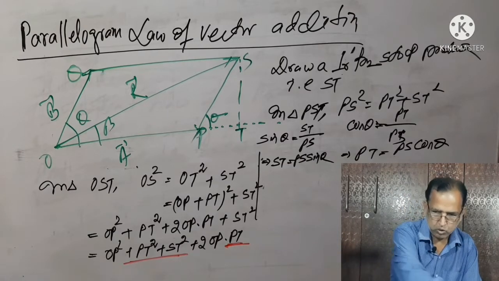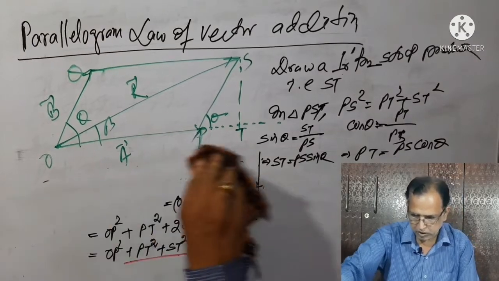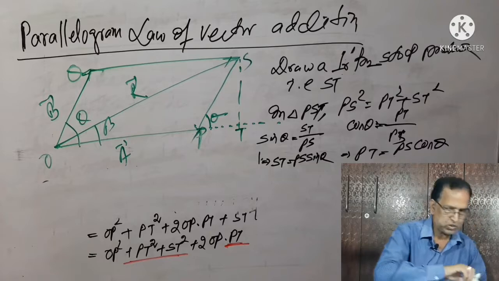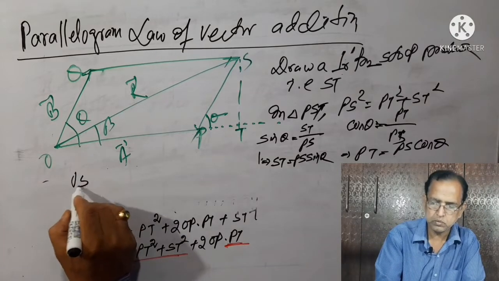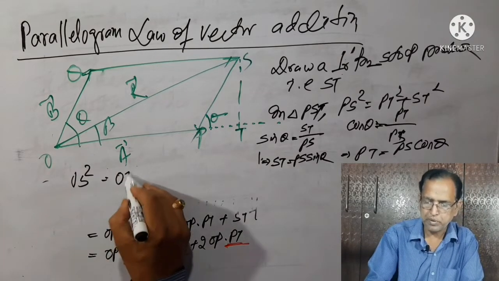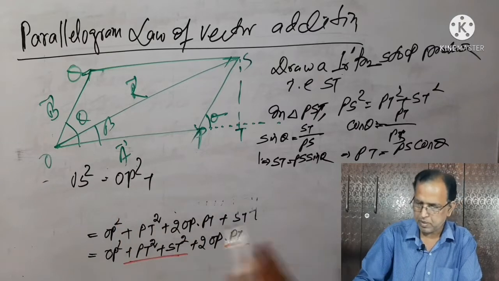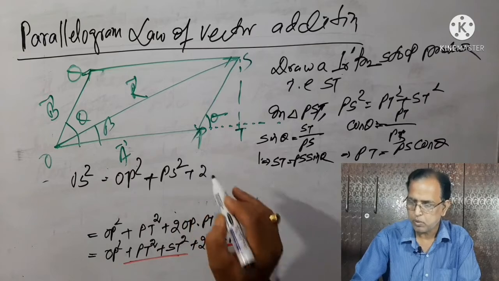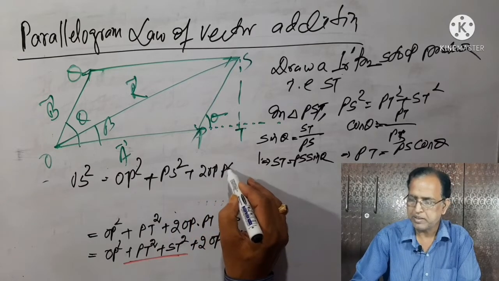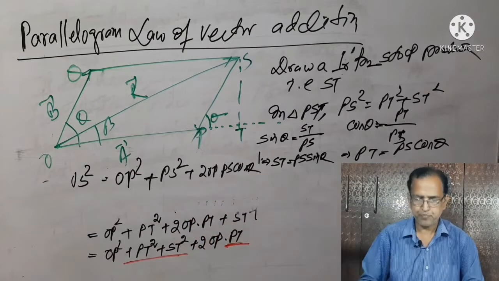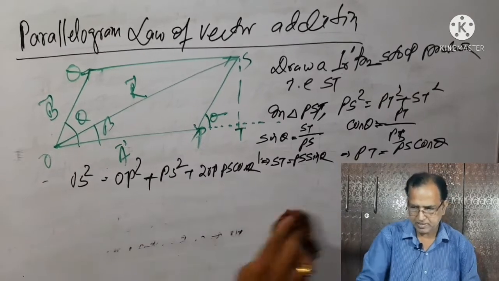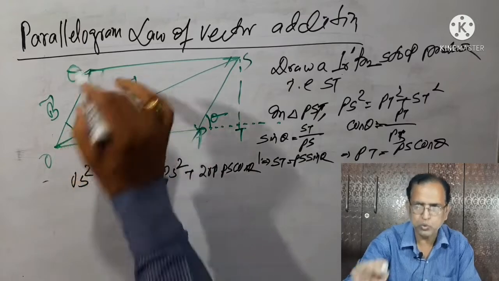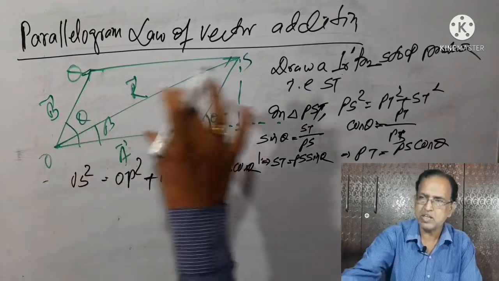So OS square is equal to OP square plus PS square plus 2 OP into PS cos theta. What is PS? PS is equal to OQ, since in a parallelogram these two are same.